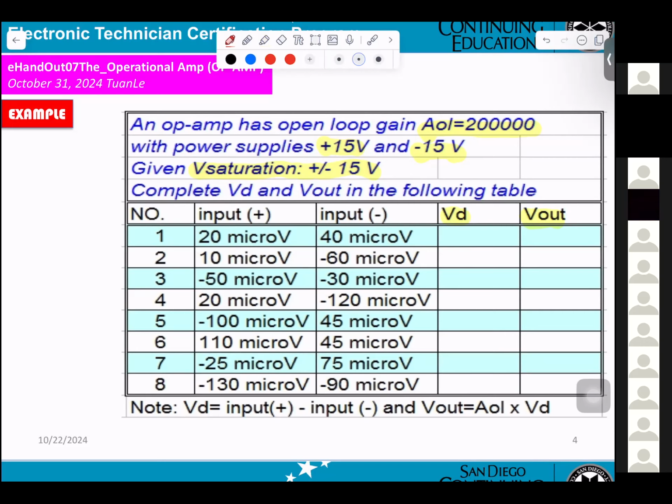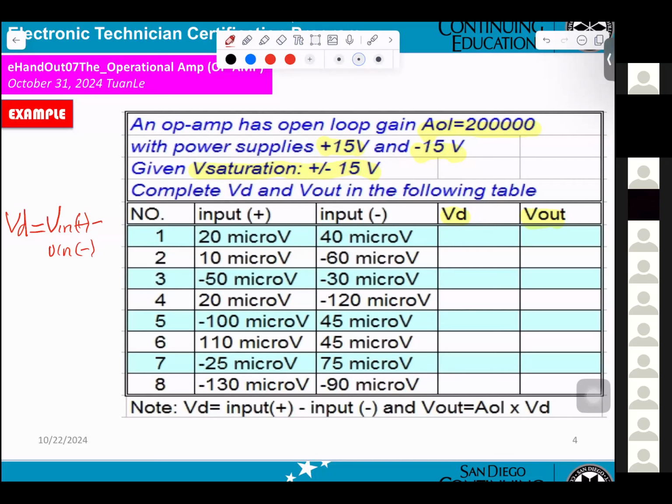Input positive 20 microvolt, input negative 40. Okay, so basically VD equals V in positive minus V in negative.